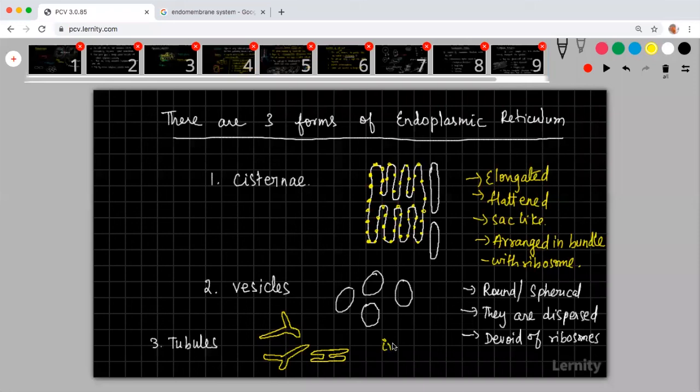Irregular, branched, without ribosome. Okay, these are the three different types of endoplasmic reticulum.